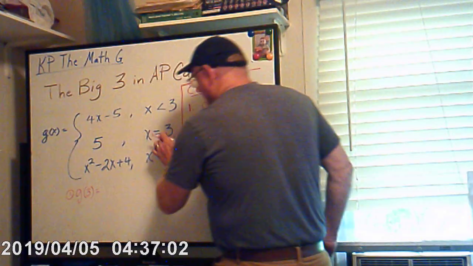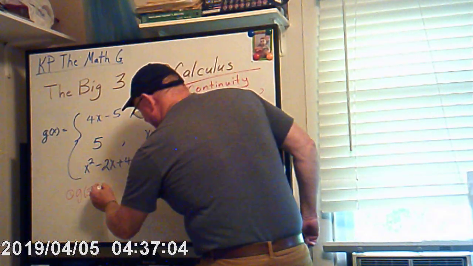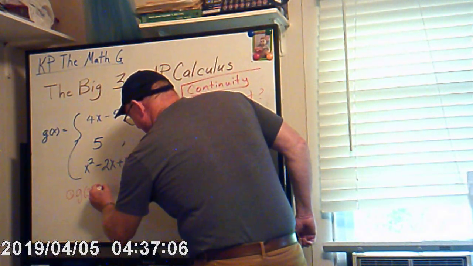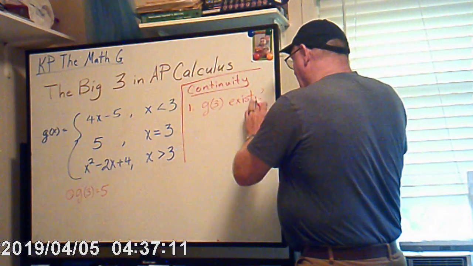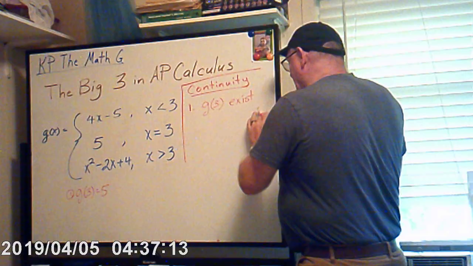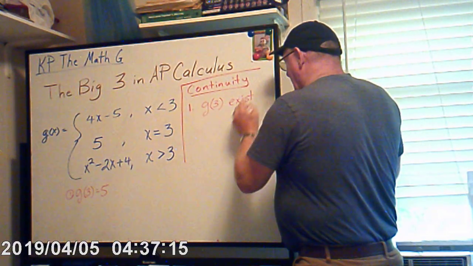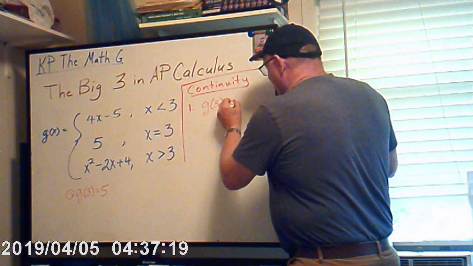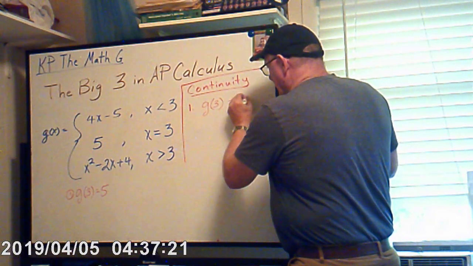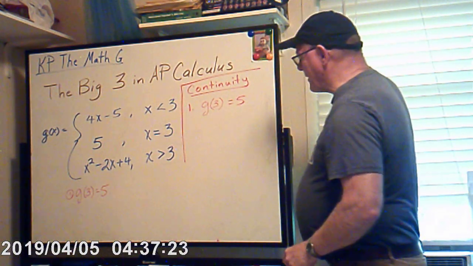So g at 3 equals what? Well, it goes back to 5, doesn't it? Yes, it does. So we can erase the question mark. It does exist. g at 3 equals 5. Alright, that's the first thing.